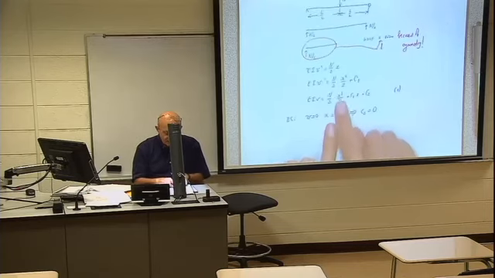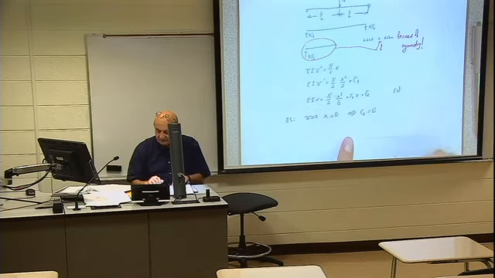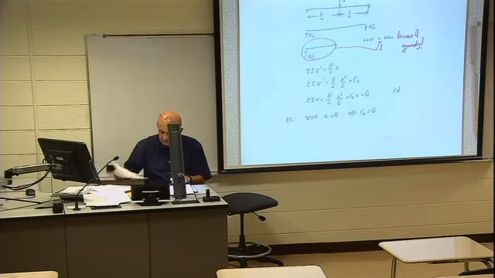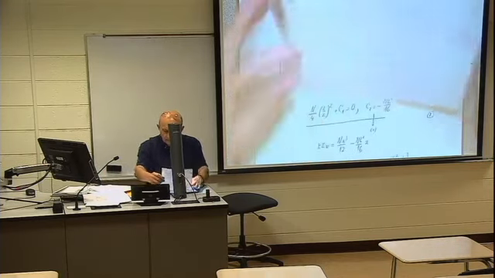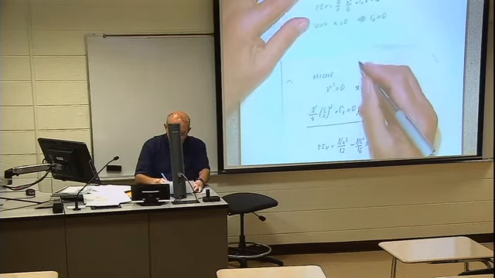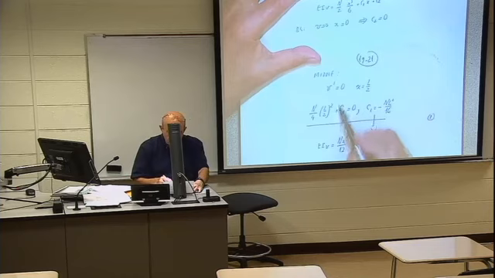So we get 0 plus 0, C2 must be 0. So in the middle, we demand V prime to be 0 at x equals L over 2.